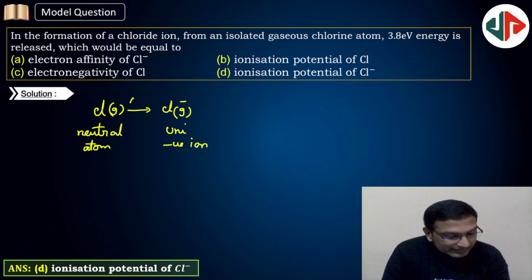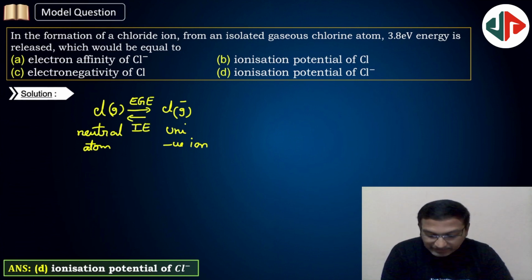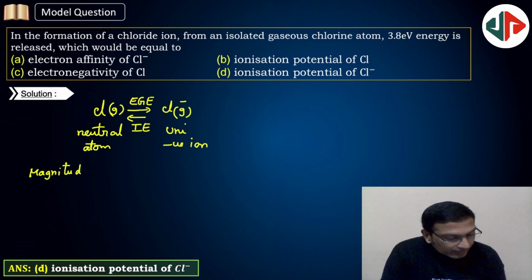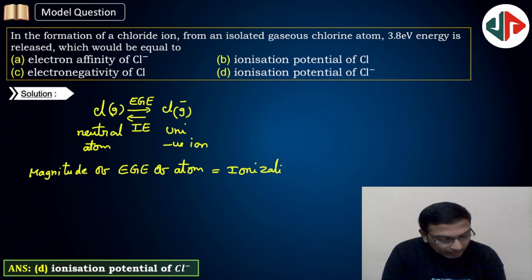So this process is electron gain enthalpy, and the reverse process is ionization enthalpy. That means simply we can write the magnitude of electron gain enthalpy of the atom will be equal to ionization of the uninegative ion.